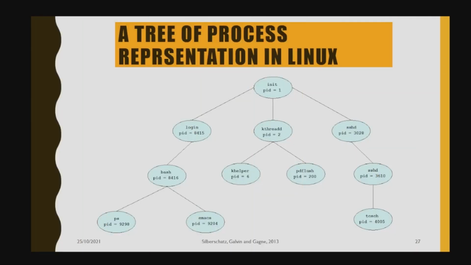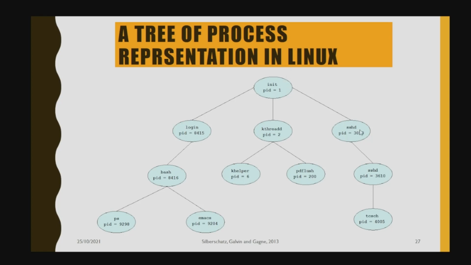Okay, so this is the tree diagram, a tree of process representation in Linux. We have the PID, process identifier. The initial one is created when we create the process, so one, and then login, read, SSHD. These are the children of process 1.